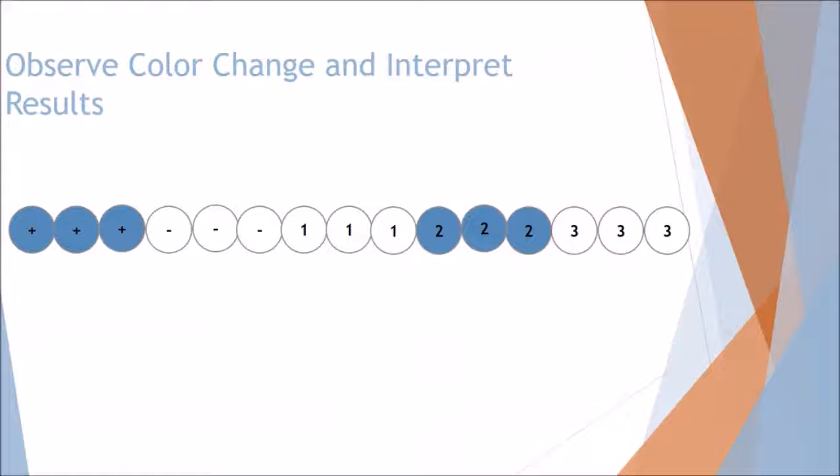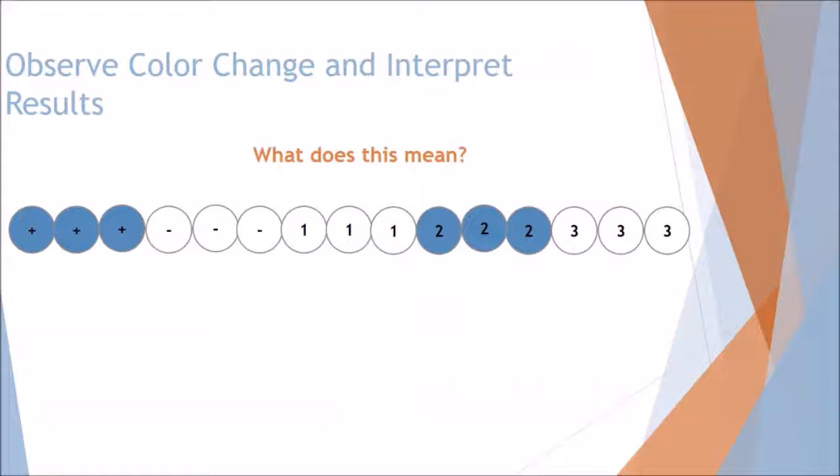So we have our positive control that turned a blue color, which indicates if the antibody of interest is present, that well will turn blue. As you can see, our negative control stayed clear, so that antibody isn't present, and so forth.